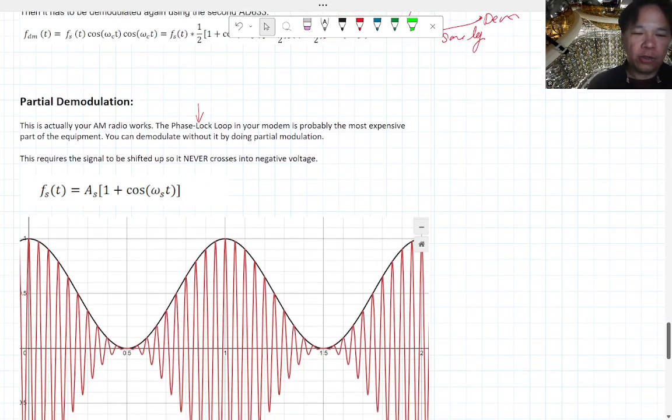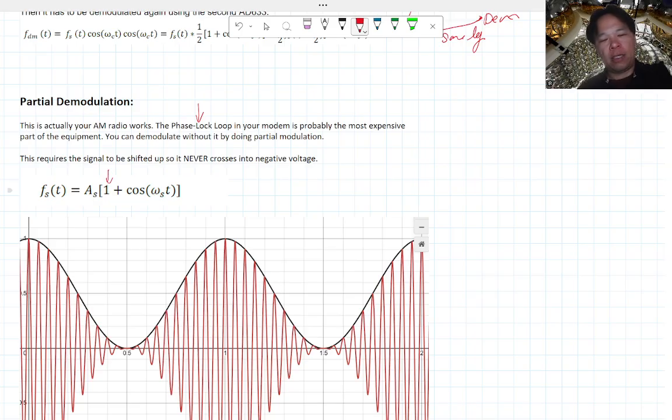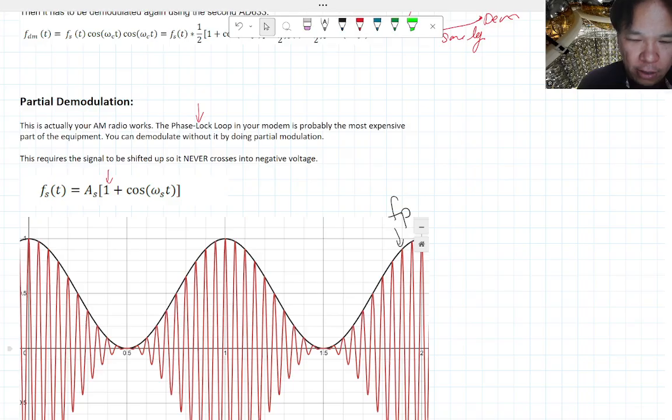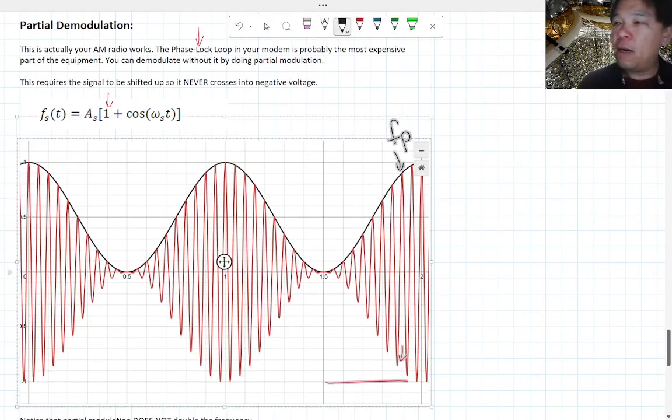To do partial modulation, the first thing you need to do is put an offset on your signal, basically by shifting it up so that the signal never crosses 0 volts. So in black here, this is the partial modulation signal, where it's the same cosine wave, but it's shifted up by its amplitude, so it never crosses 0.